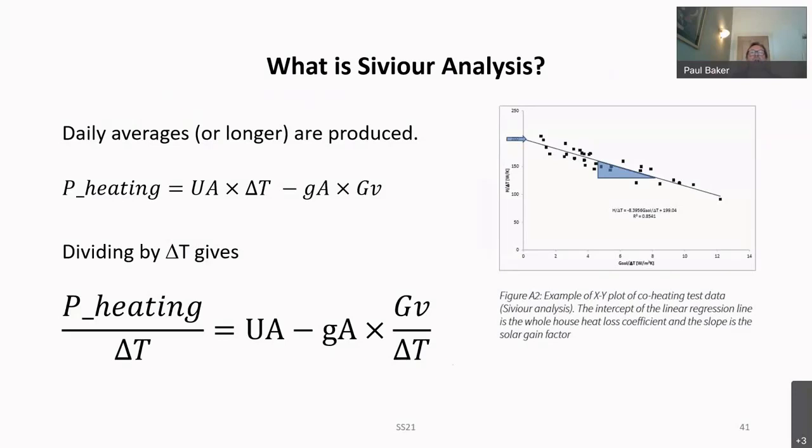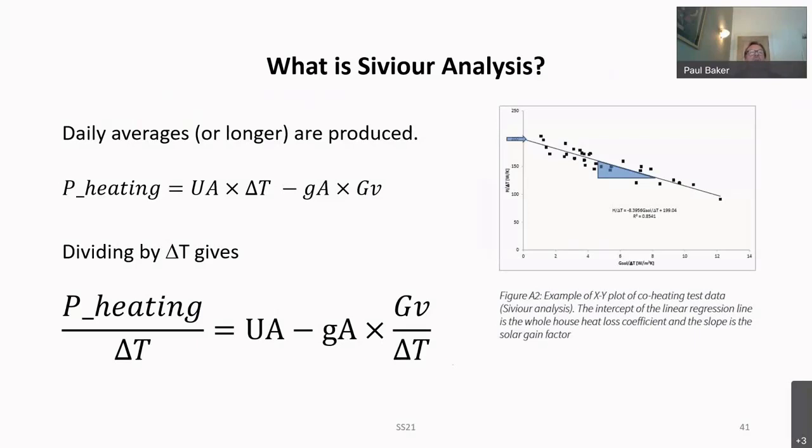And in this form of analysis, you take daily averages or longer, and the heating power is equal to the UA value times the temperature difference minus the solar aperture times the global vertical radiation.